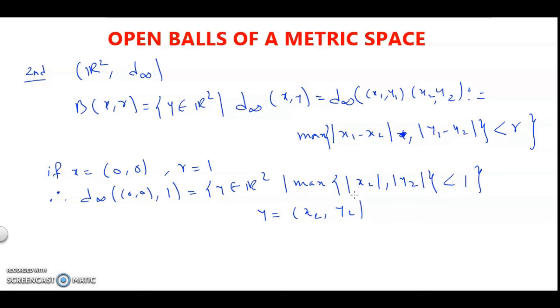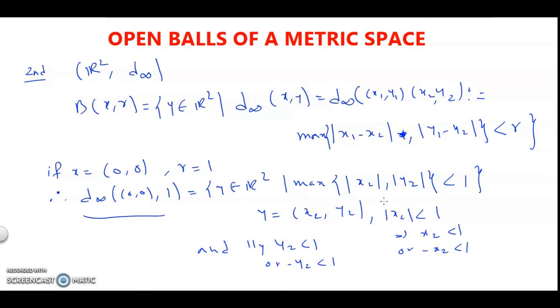So if we open the bracket, we find that x2 is less than 1 or minus x2 is less than 1, and similarly y2 is less than 1 or minus y2 is less than 1. So all those y, x2 and y2, will come in this open ball.